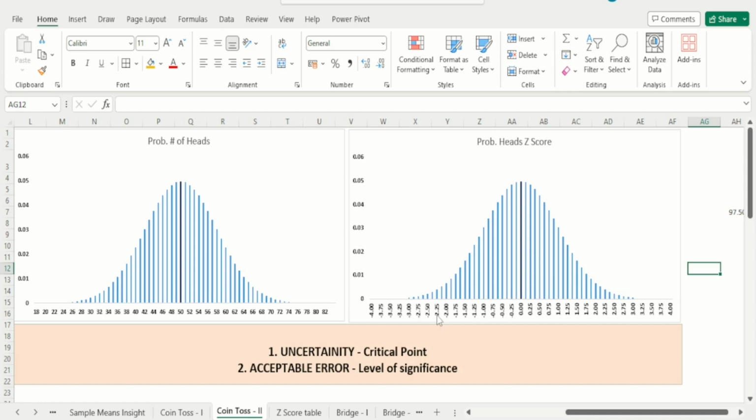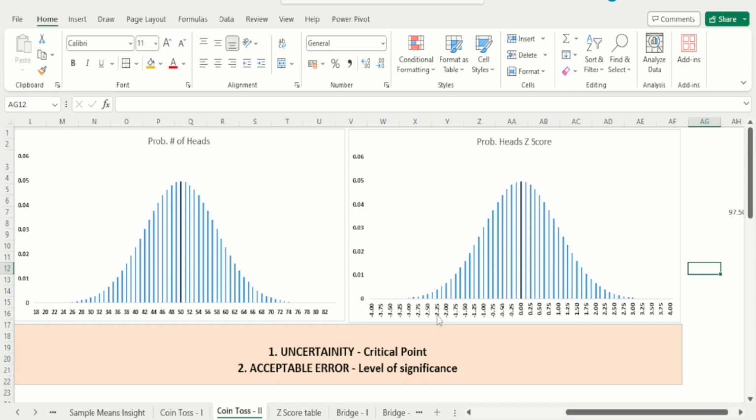If your sample gives you a result beyond that critical point, which is either to the right or to the left of that critical point, towards the extremes, then you would say, let's reject the starting idea.